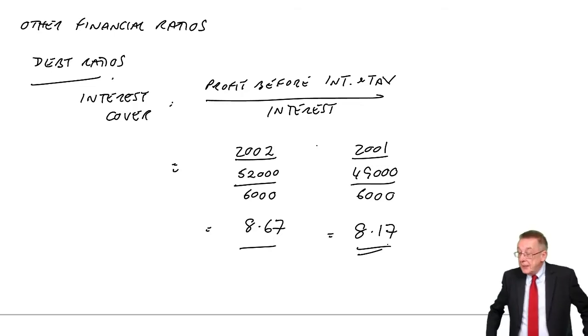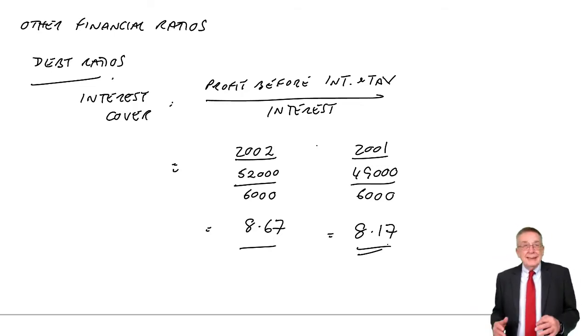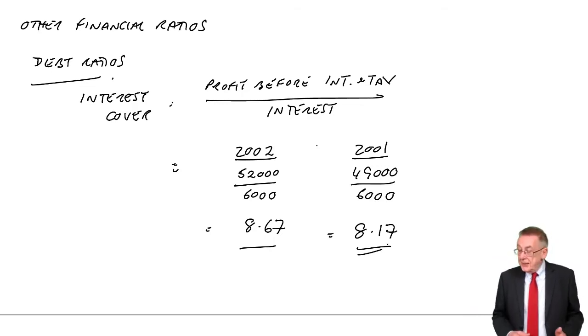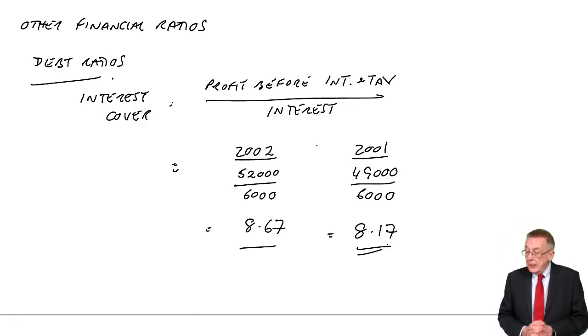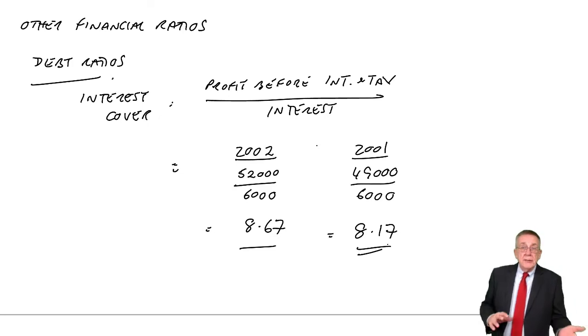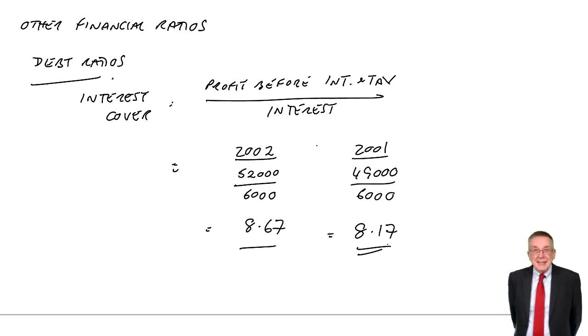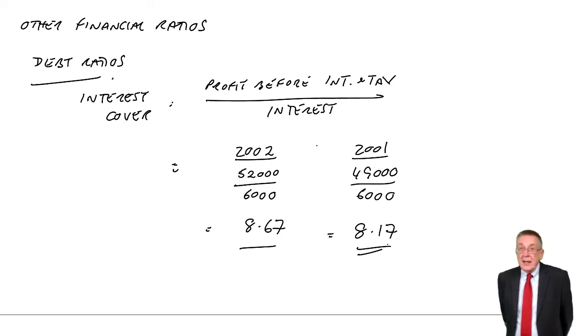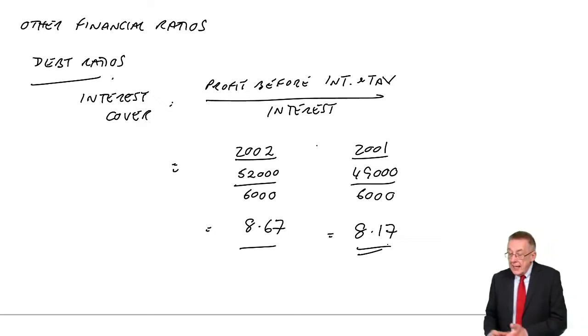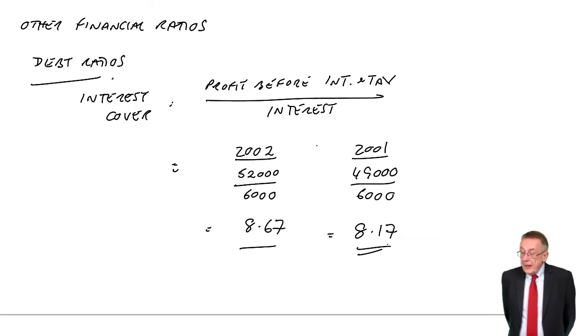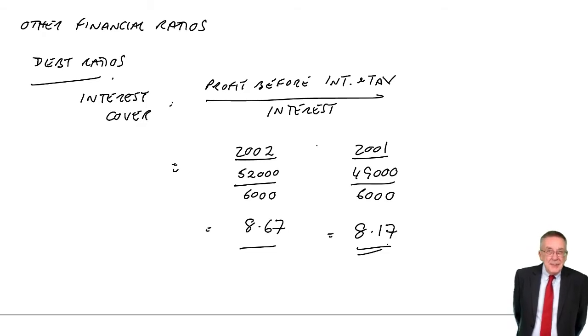The relevance of it is it tells us how easy it is for the business to be paying the interest. What I mean is, look at it from 2 points of view. If you were a debt lender, what you're worried about is whether the company is going to continue to be able to pay interest. Here, currently, their profits are over 8 times the interest.